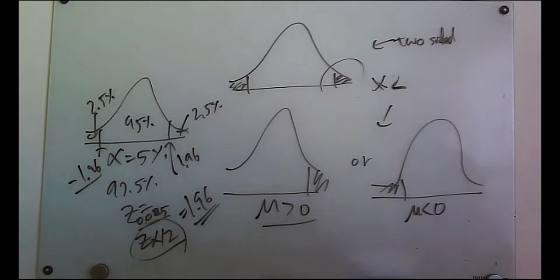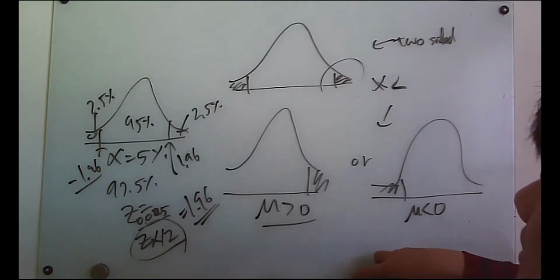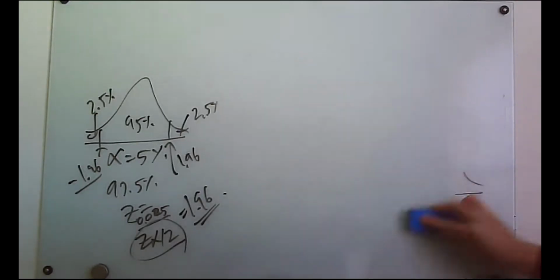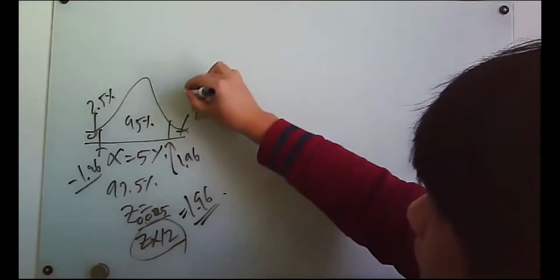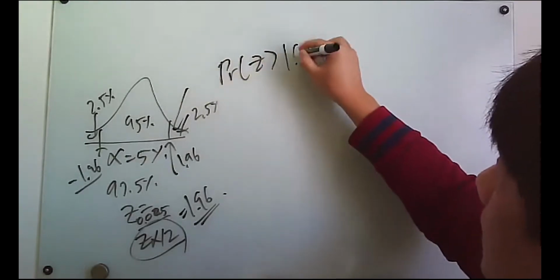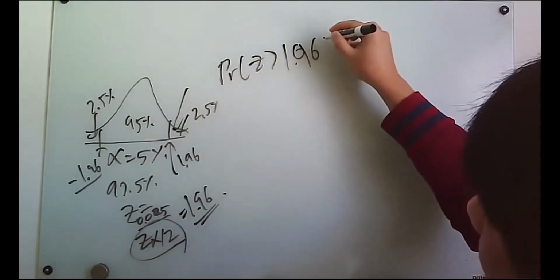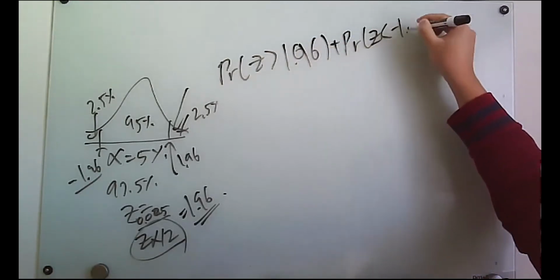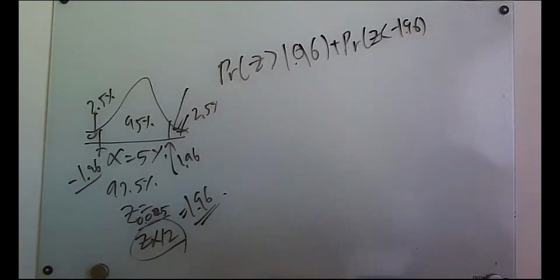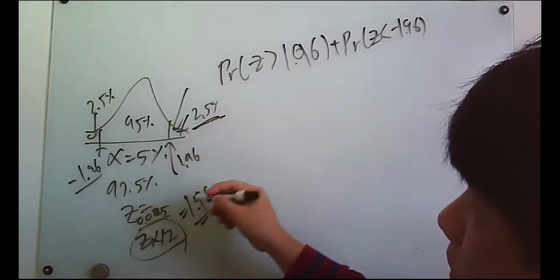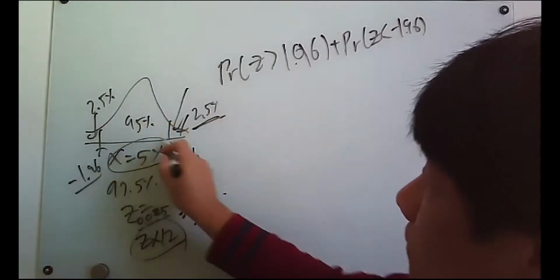So note that in the one-sided, things are a little bit different. For example, that was a two-sided. So this was a probability of what? Probability of z greater than 1.96, plus probability of z less than negative 1.96. That was a two-sided test, right? So this is 2.5% each. So you multiply by 2, as a result, you are getting alpha equal 5%.